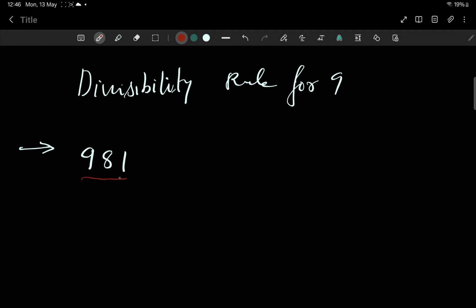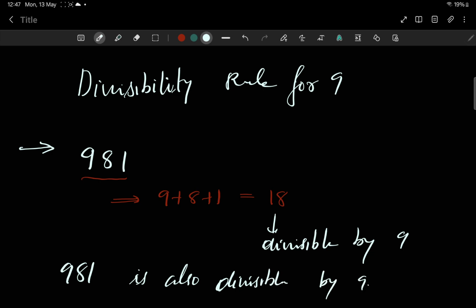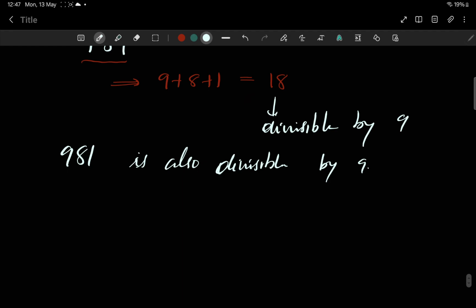For checking that this number is divisible by 9, you need to add all the digits. 9 plus 8 plus 1, you'll get 18. You know that this 18 is divisible by 9. So therefore 981 is also divisible by 9.